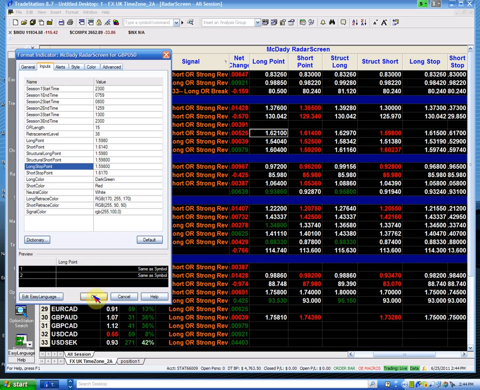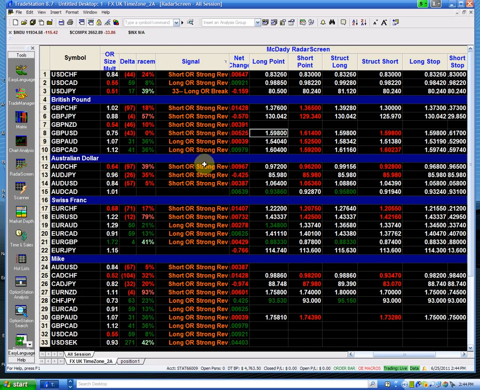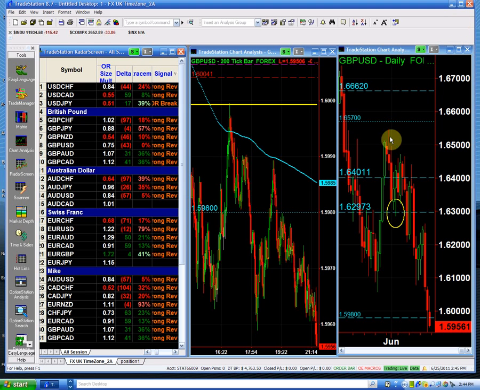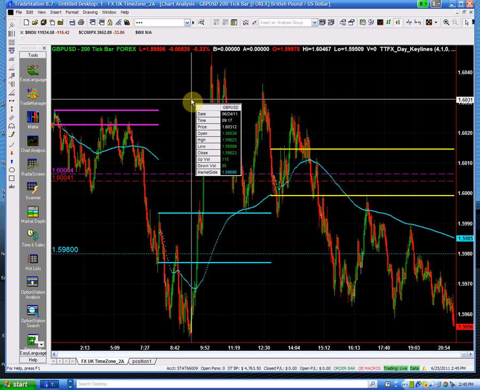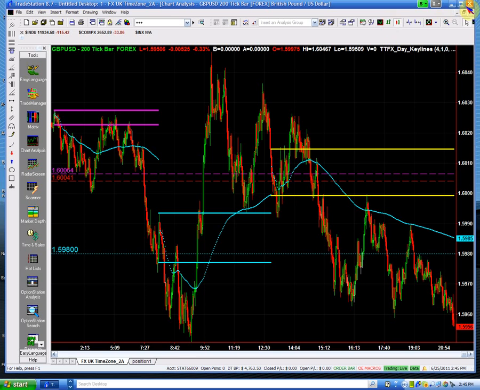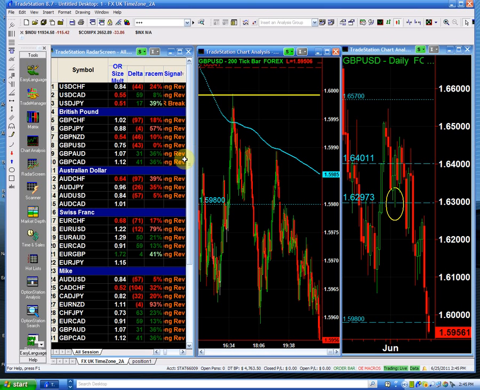As far as going short, now this is a little bit interesting because I don't know if it's the low of the day. It closed 6 pips above the low of the day, so we're going to go short below the 159.